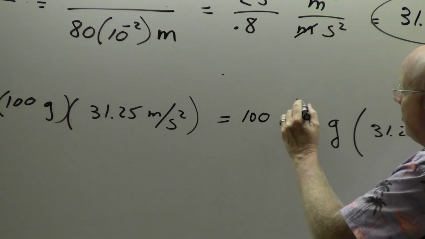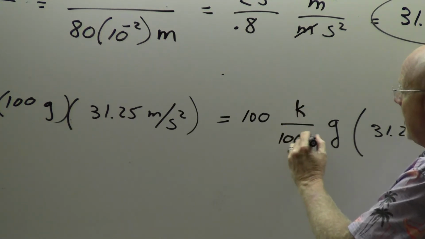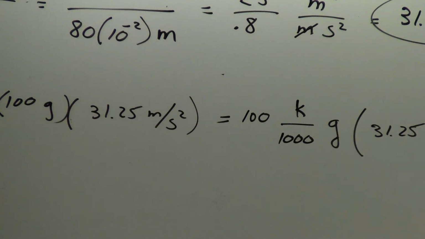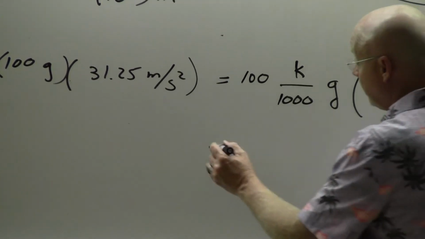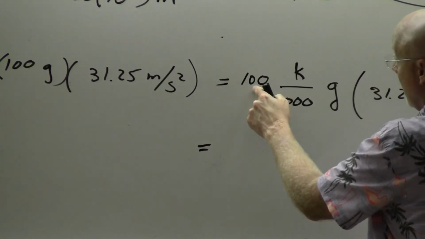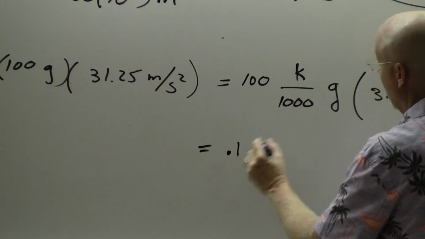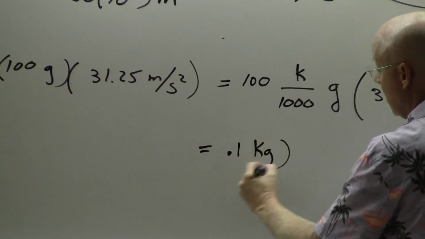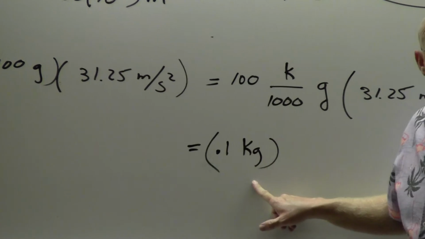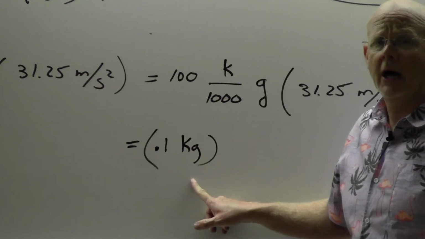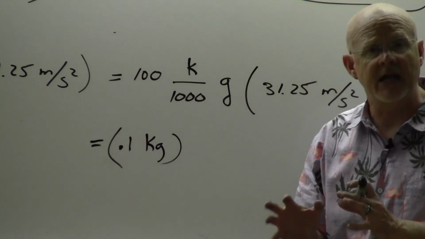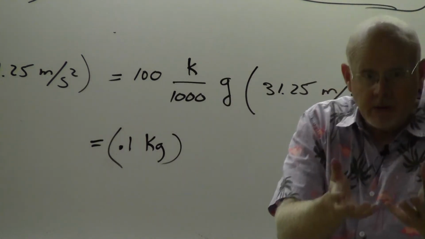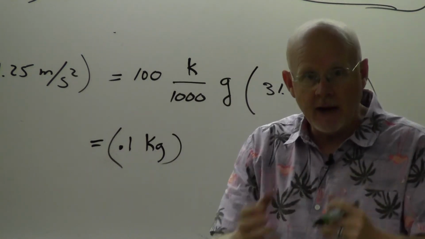So why don't I put a K in the top and the same thing in the bottom? Remember what a K stands for? Right, a K stands for 1,000. So I can take the 100 and divide by 1,000 and get 0.1, and then leave the K with the G, and so there's how you convert the units. What's really nice about remembering that kg is K for 1,000, a kilo, and then G for grams.